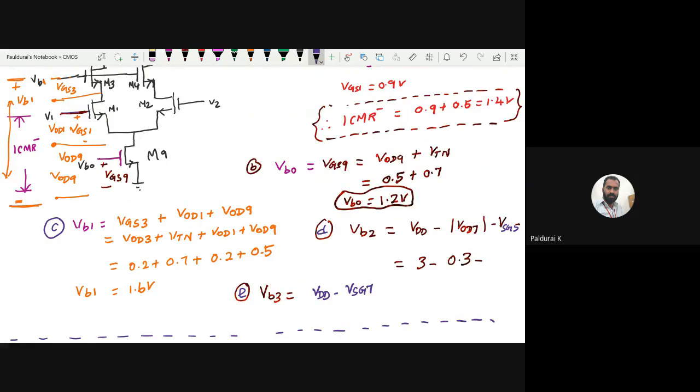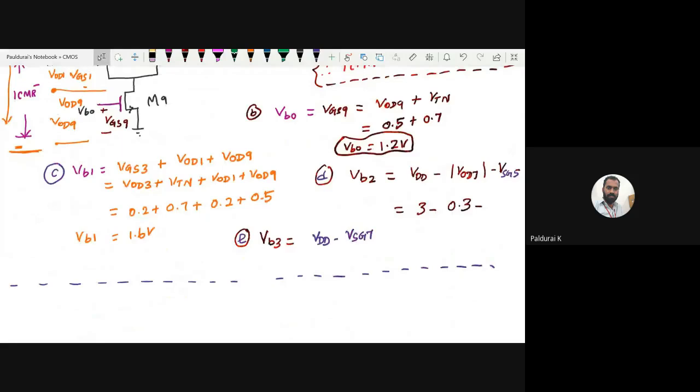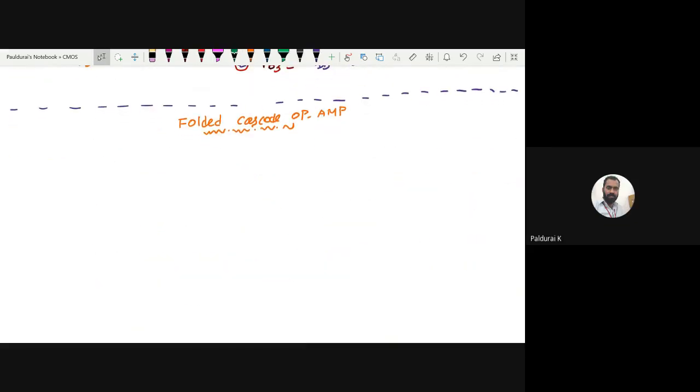That is the first formula we wrote, ICMR minus, then VB0 to VB3. I have written 4 formulas. So you know how to find all the values. It is very simple. So far, any doubt? Guys, so far any doubt? No, sir. Okay. Now, the next one.